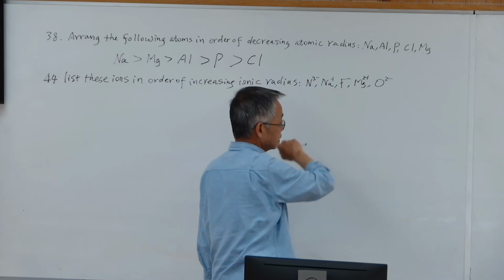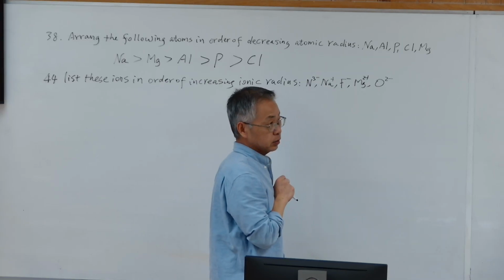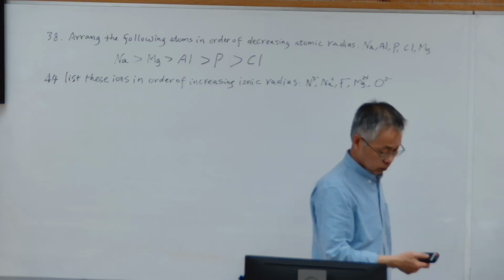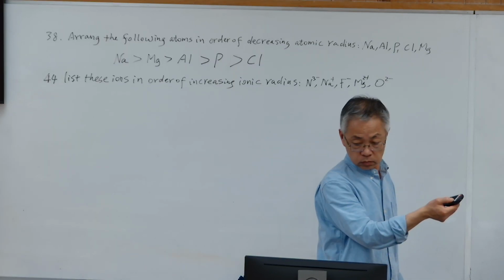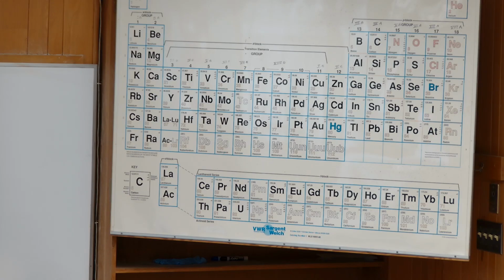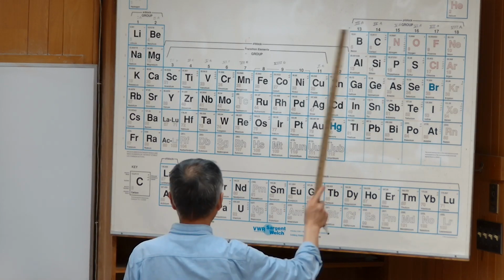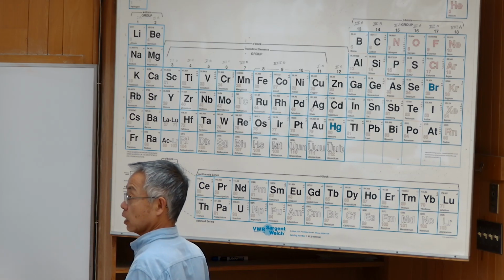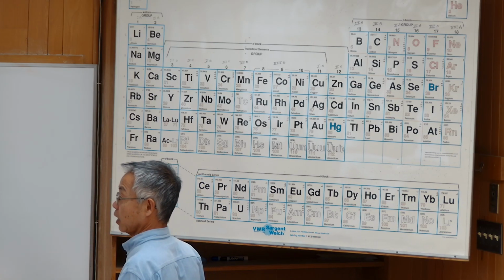Fluorine initially 9, if you look at the periodic table. Fluoride, minus 1, means gain an extra electron. 9 gain 1 extra electron becomes 10.